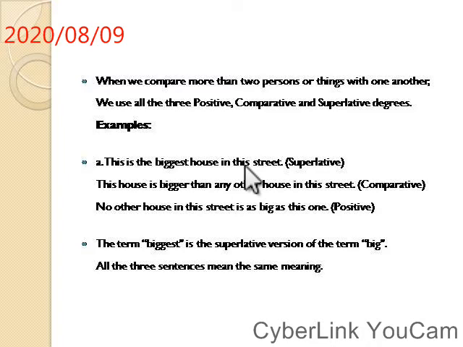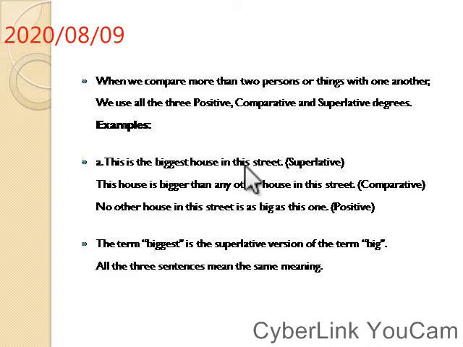When we compare more than two persons or things with one another, we use all the three: positive, comparative and superlative degrees. Generally, we can say he is a tall boy, positive degree. He is taller than his friend, comparative degree. He is the tallest boy in the class, superlative degree.